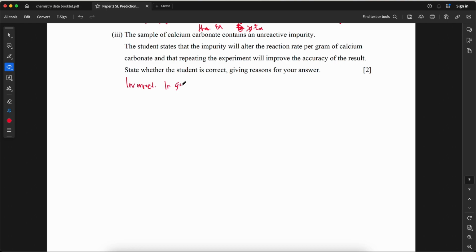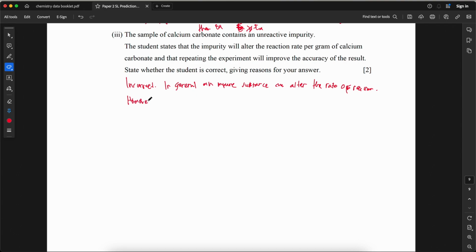In general, an impure substance can alter the rate of reaction because in the end it contains calcium carbonate, right? But it's just impure. So in general, an impure substance can alter the rate of reaction.